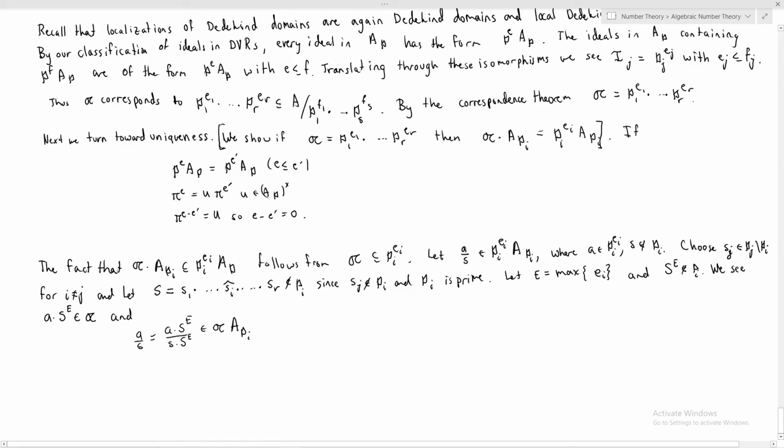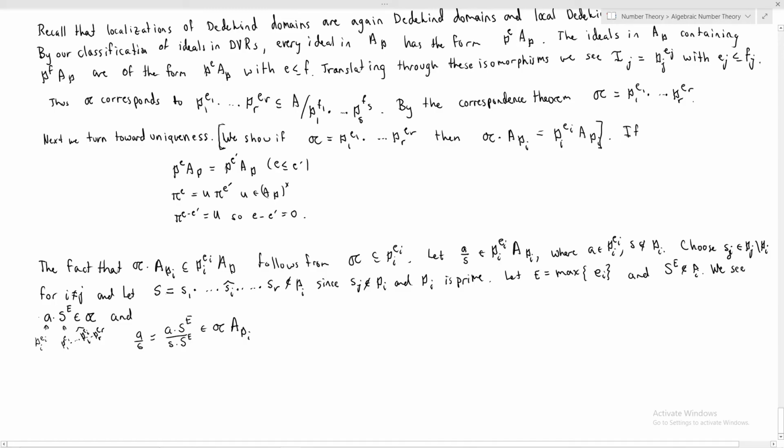Oh, what am I saying? Oh, okay, sorry. I need to be more careful about why this element is in here. a is in P_i to the e_i. S to the e is in P_1 to the e_1, basically everything except for P_i to the e_i, up to P_r to the e_r.